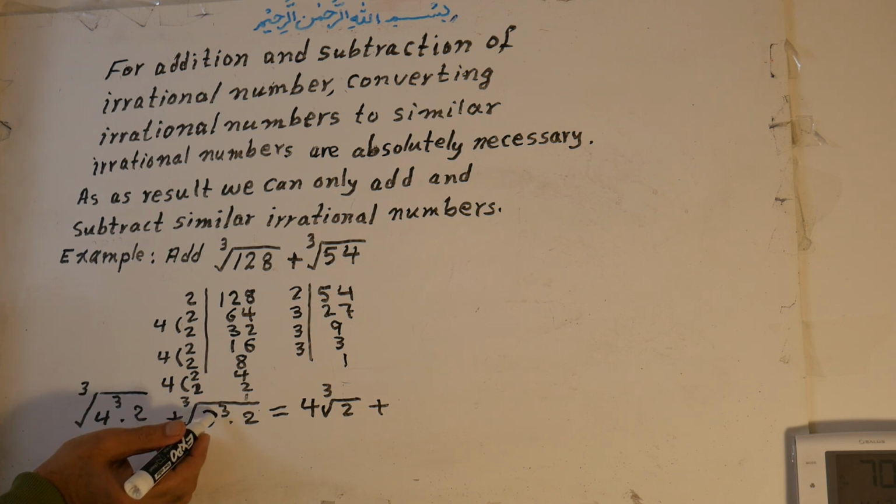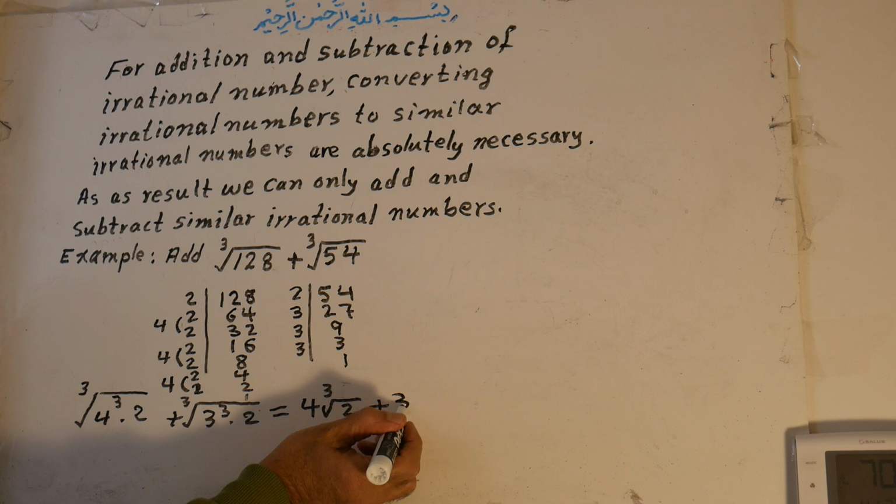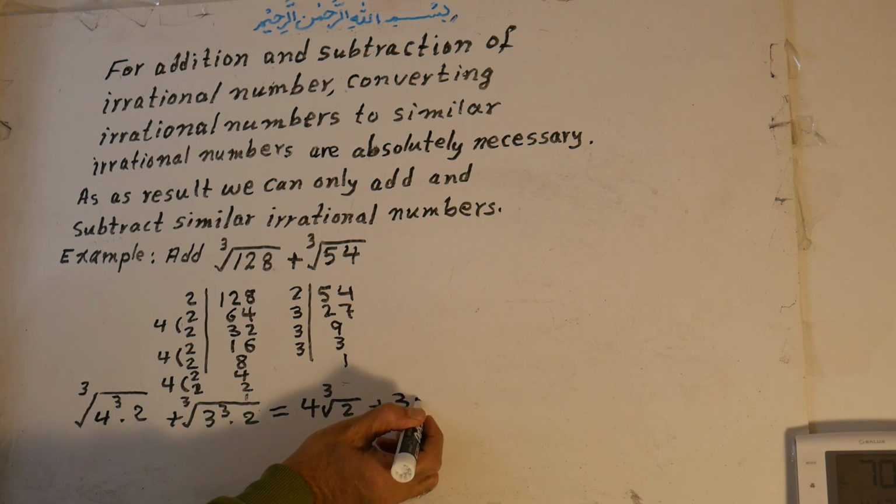This is 1 over 3 and this is 3. 1 over 3 times 3 is 3 over 3, and 3 over 3 is 1. 3 to the power of 1 is equal to 3. 3 and the cubic root of 2.